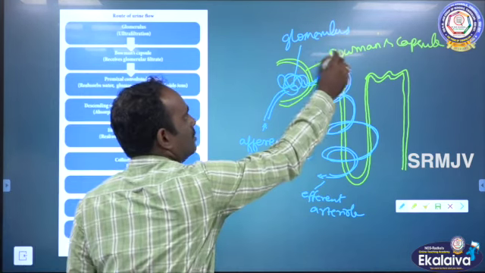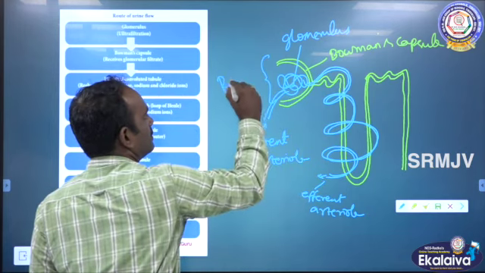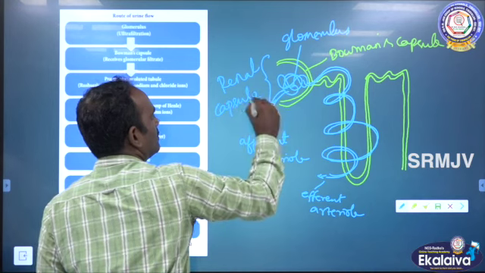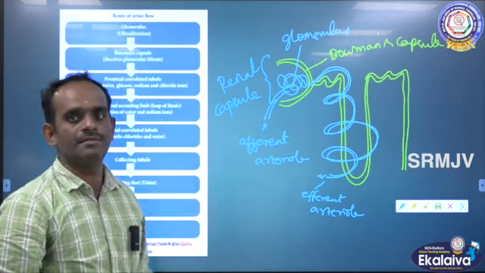This Bowman's capsule and glomerulus collectively called as renal capsule. Clear, children? Are you able to follow this?